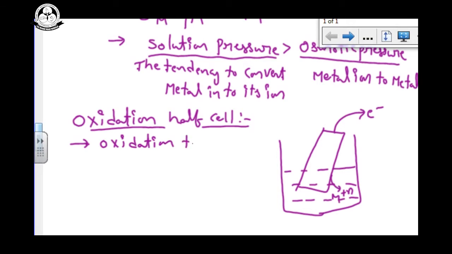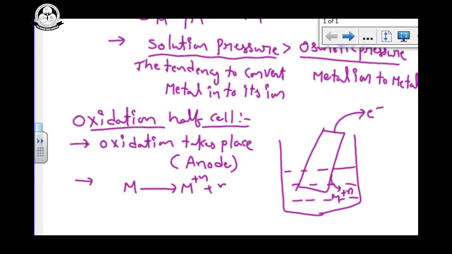Generally, oxidation will take place at the anode. Now, the general representation for the anode is metal becomes metal ion plus the same number of electrons, with the solid and its activity. So this is oxidation of cell.